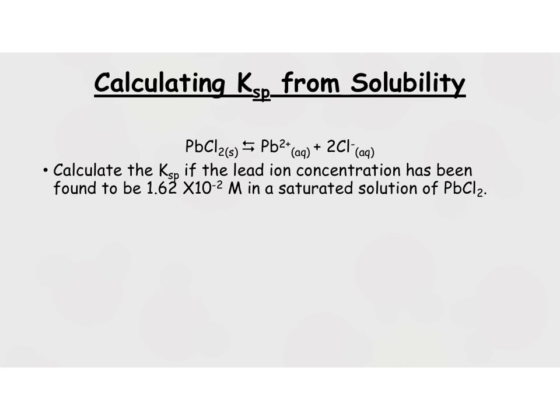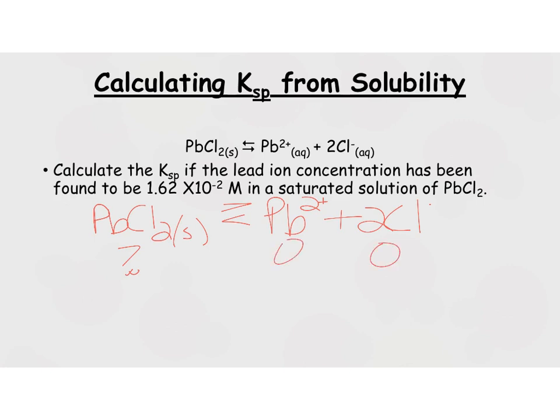If I go ahead and get my ICE table set up, we actually have no idea what we're starting with here, but it's not going to be in our expression, so it doesn't matter. The ions start at 0 and 0. The solid doesn't matter. One ion changes by x, and the other changes by 2x.